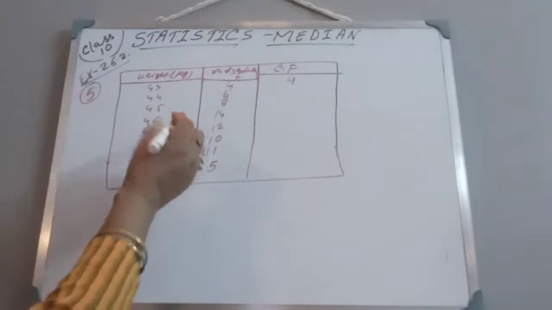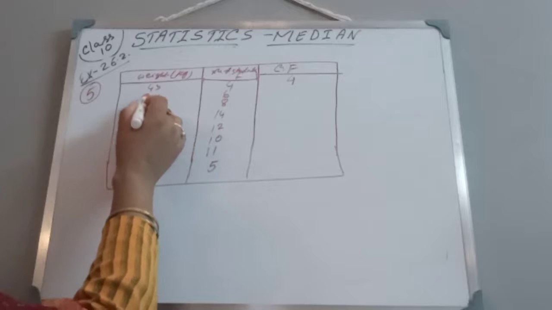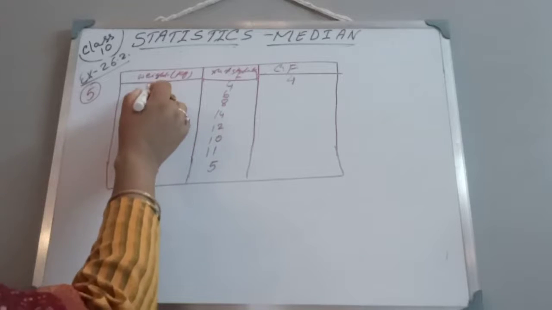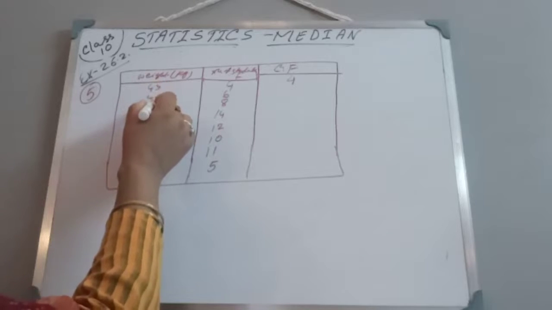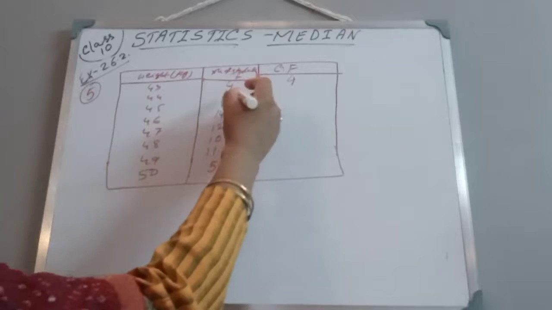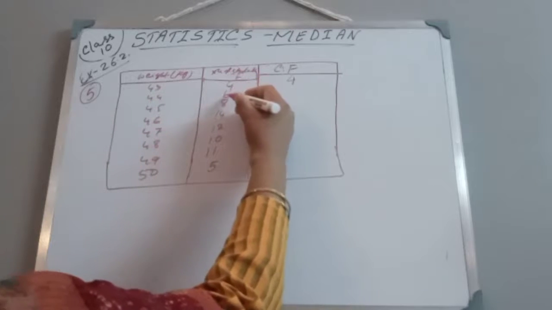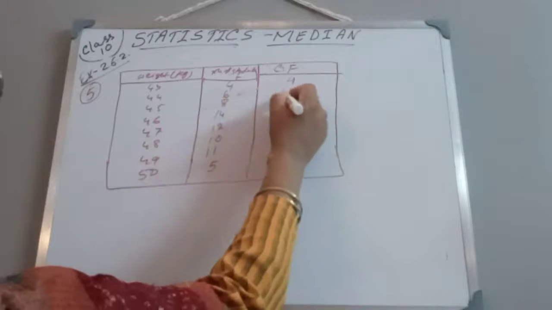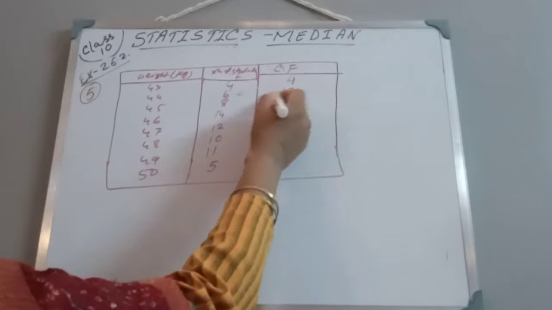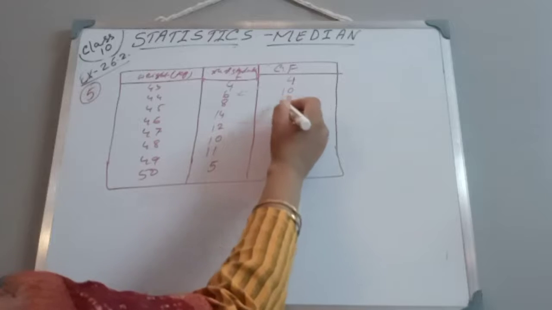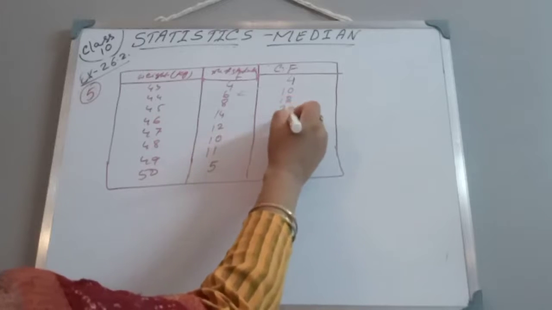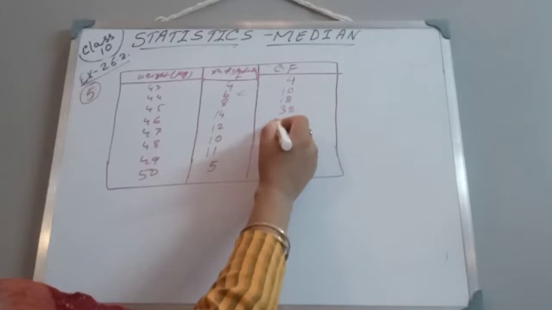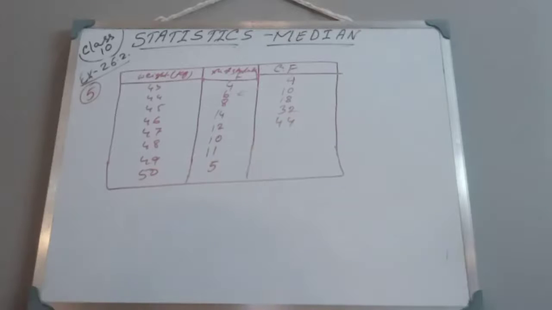And for 44 kg, that means 43 kg is also included here. That frequency is 6, so the running frequency will be 4 plus 6. So it will be 10. Similarly, 10 plus 8, 18, for the next 32, next 44.